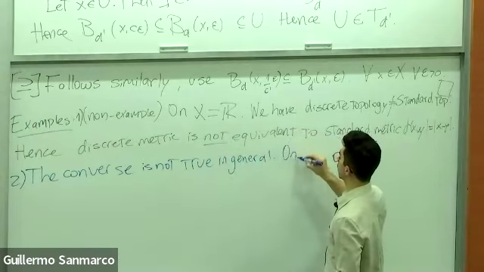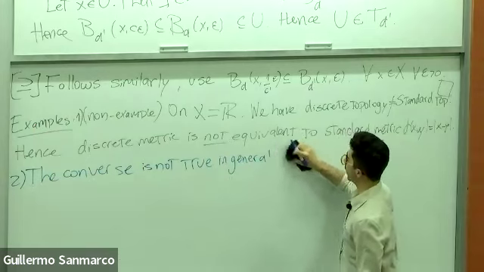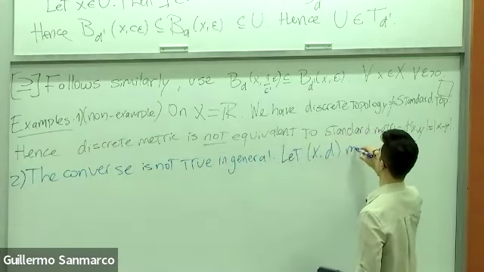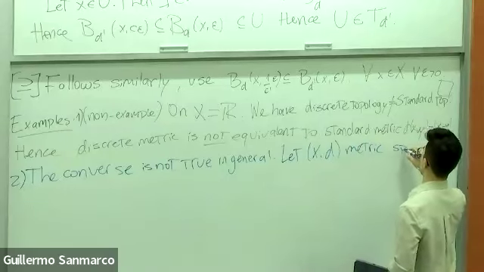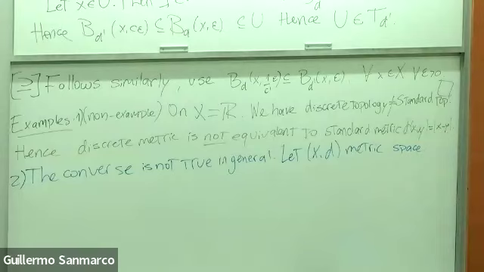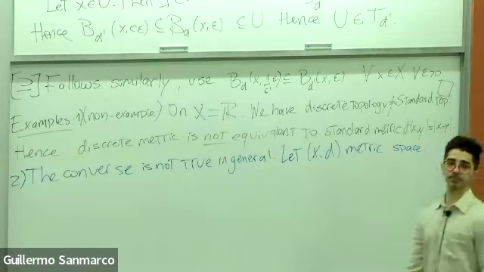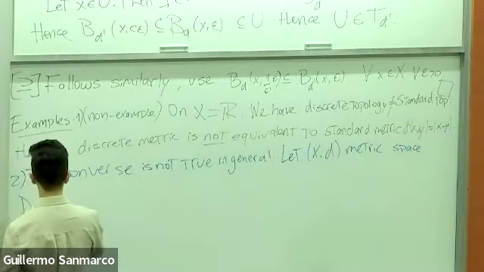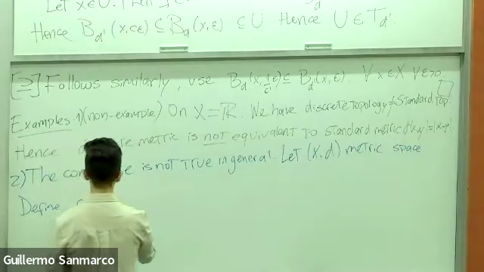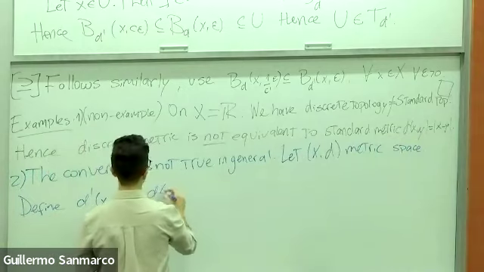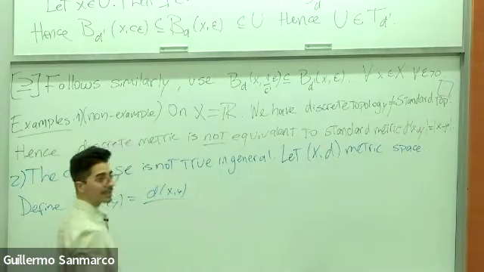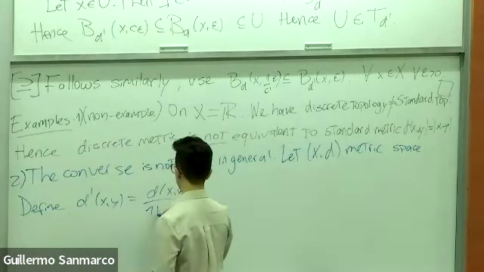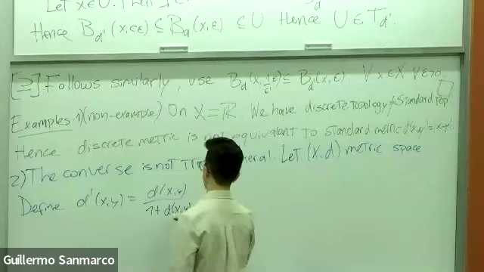And it fits kind of spectacularly. So suppose we have a metric space. And now we define a new metric. Well, to be honest, we only define a new function, d prime of x,y is going to be d of x,y, but I'm normalizing it not by a number, but I'm being more smart than that.